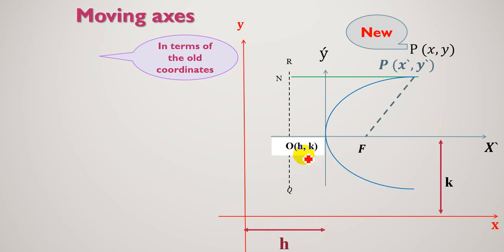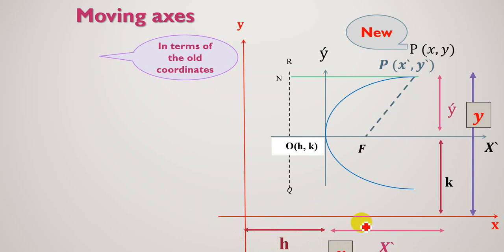So now our origin is not 0 and 0 but h and k. Now all of this gives me y, and all of this gives me x. This is x dash and this is y dash. So y is equal to this and this, x is equal to this plus this.